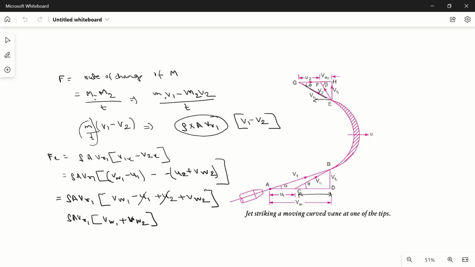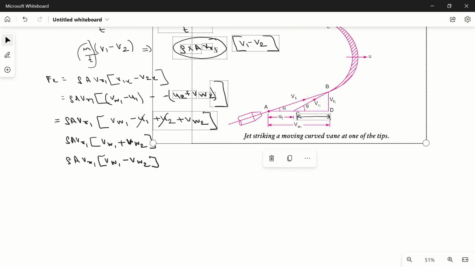Now you have seen that the force exerted in the horizontal direction on this blade is rho a VR1 into VW1 plus VW2. But suppose that this angle beta is more than 90 degrees. So the angle at which this VR2 is coming will be in somewhere this direction, and VW2 will be in this direction, and the triangle will be like this. So here VW2 will be in the same direction. So force can become rho a VR1 into VW1 minus VW2.